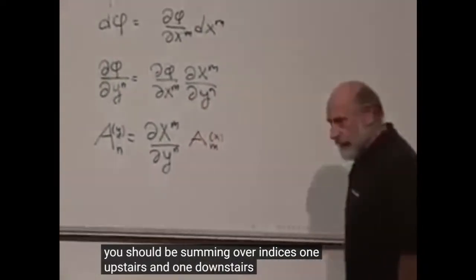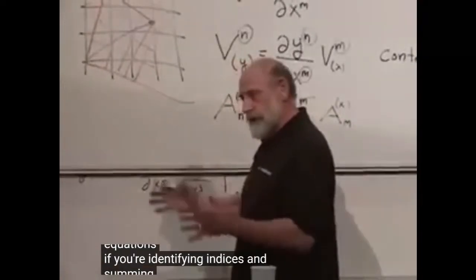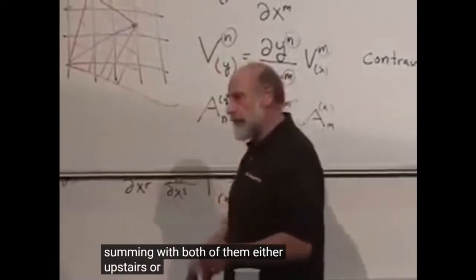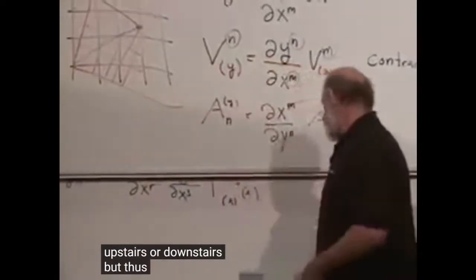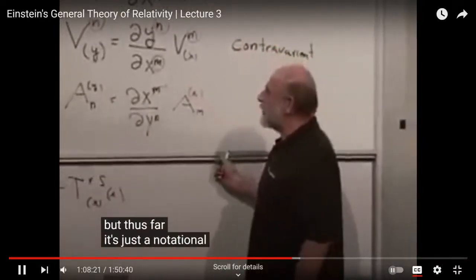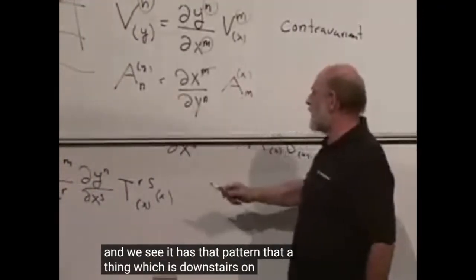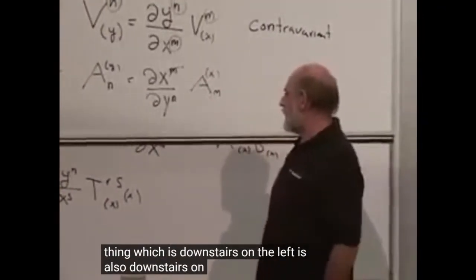There's something wrong with your equations if you're identifying indices and summing with both of them either upstairs or downstairs. It's just a notational device. And we see it has that pattern that a thing which is downstairs on the left is also downstairs on the right.